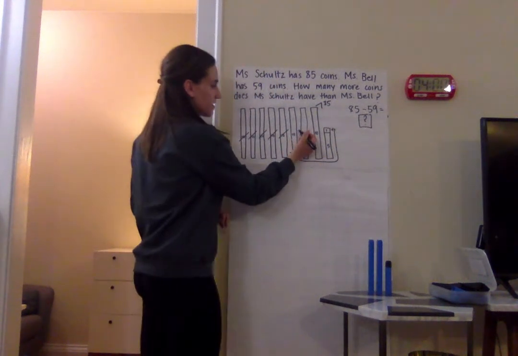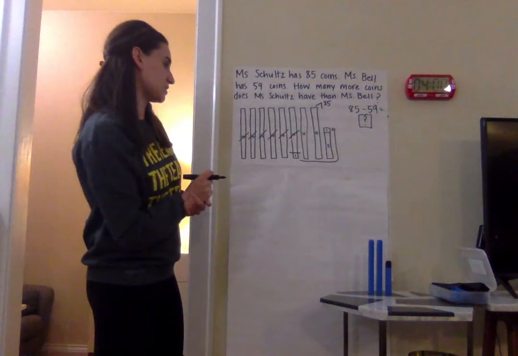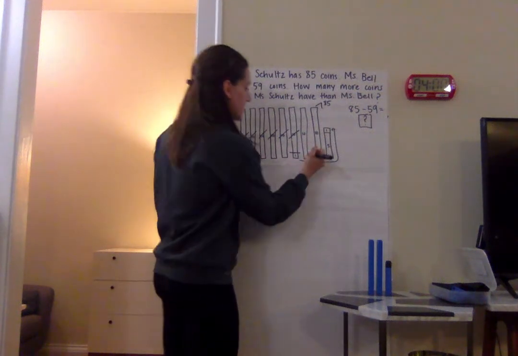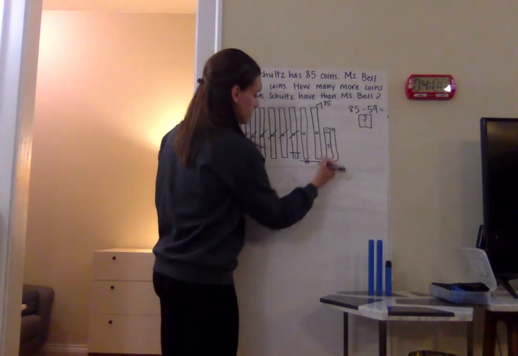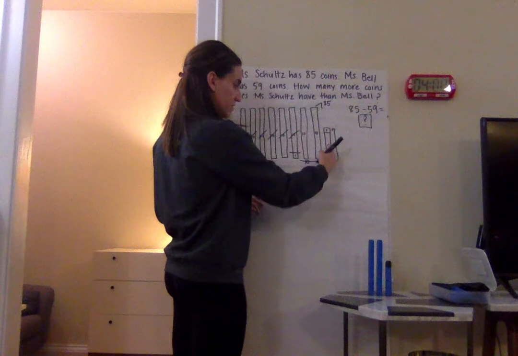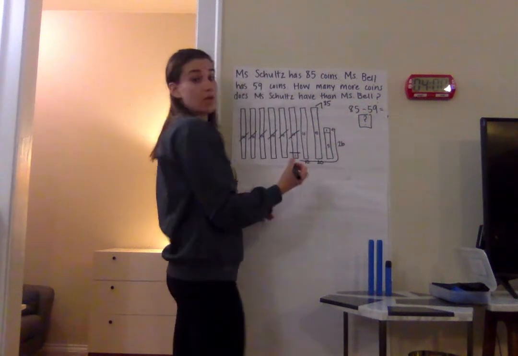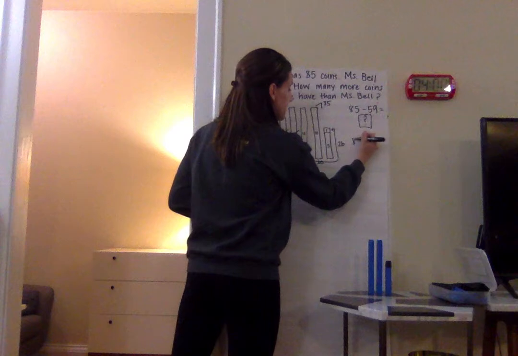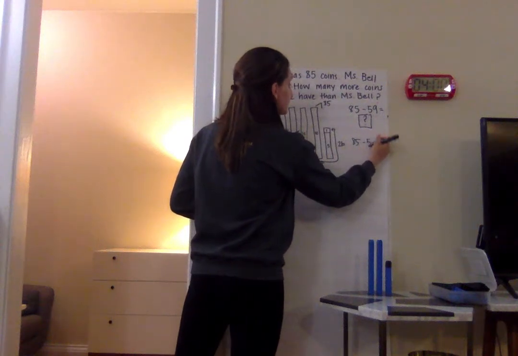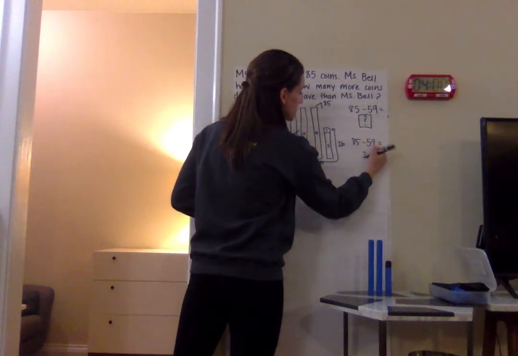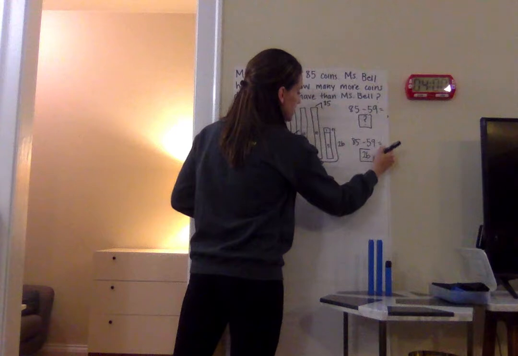And then I took this away. Awesome. So then when I counted, I had 10, 20, 5 plus 1 is 26. Whoa, awesome. So I know that 85 minus 59 equals 26.